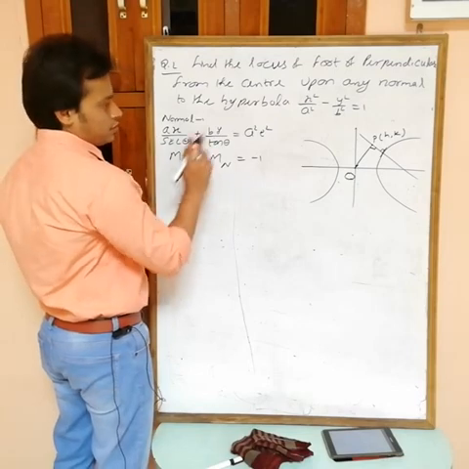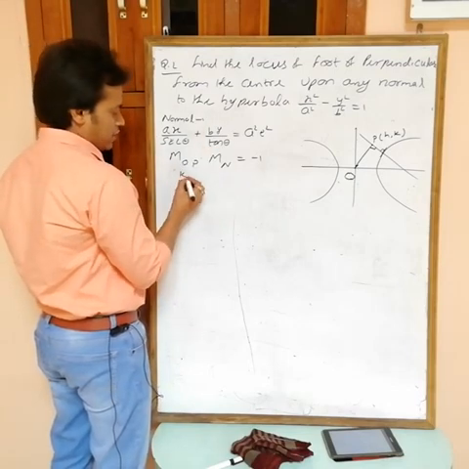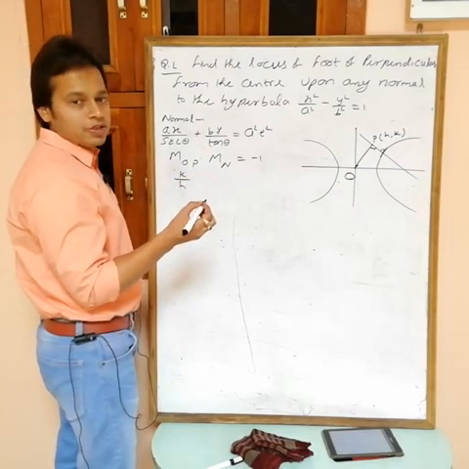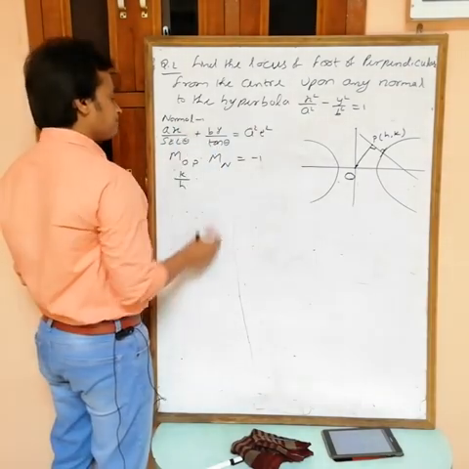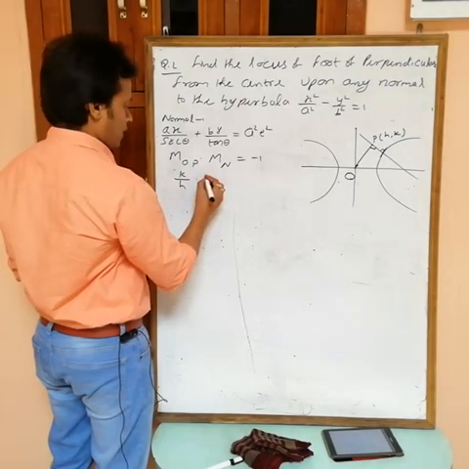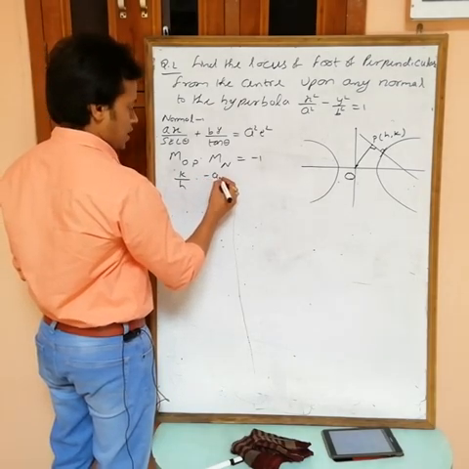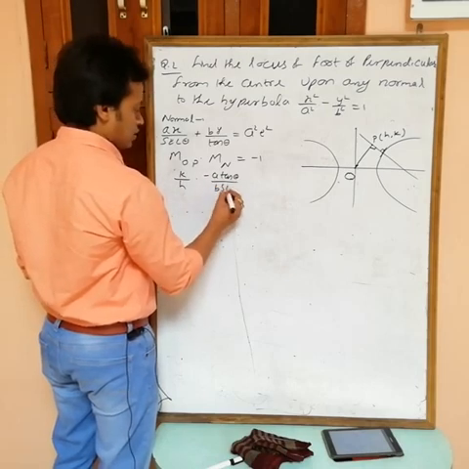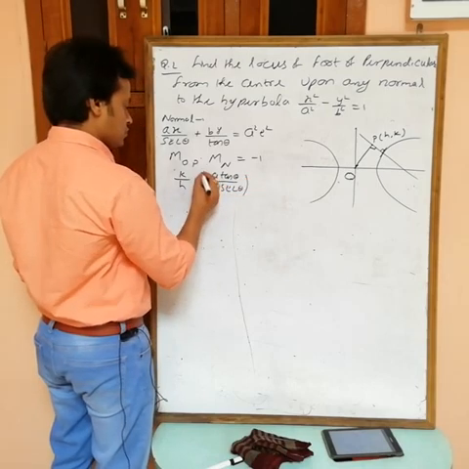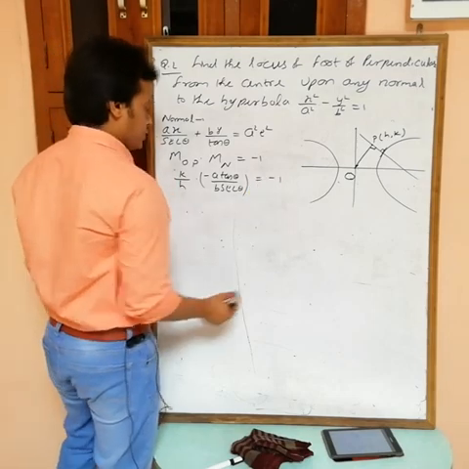Okay. Slope of OP is k by h, y2 minus y1 by x2 minus x1. Slope of normal is minus a tan theta by b sec theta, this one equal to minus 1.